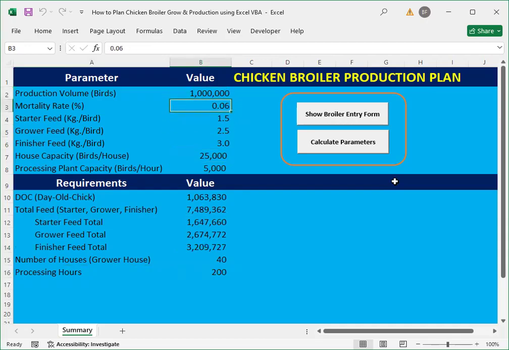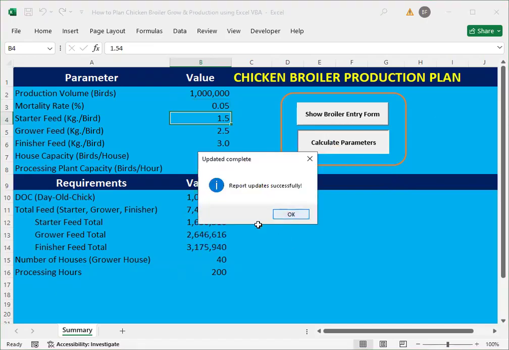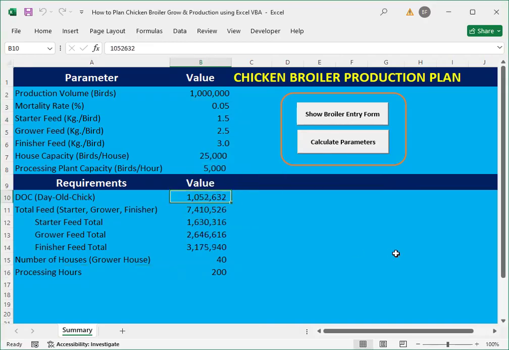Let's say we go back to 5% again, mortality rate, then calculate parameters. Okay, the parameters are recalculated, and the DOC requirement for 1 million at 5% mortality would become 1,052,632 DOC, day-old chicks that we're going to place in the farmhouses.